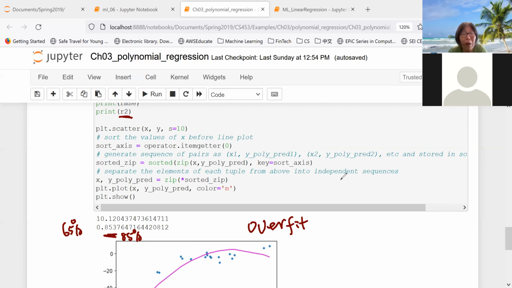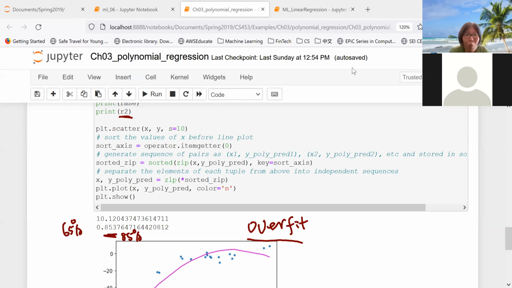Based on a limited number of training samples, you say the pure linear one doesn't work well, then you increase it to polynomial and the result sounds good. But later on, when you bring new data and do predictions, the result may be bad. That's a case of overfit.